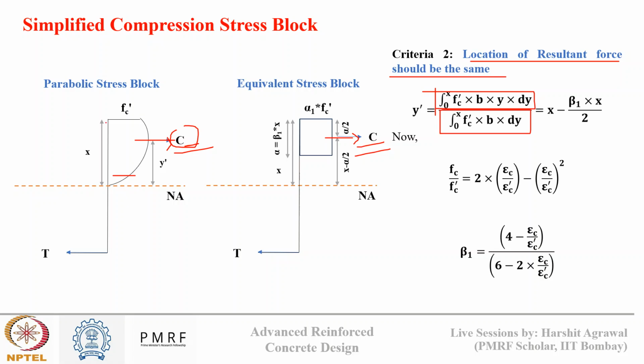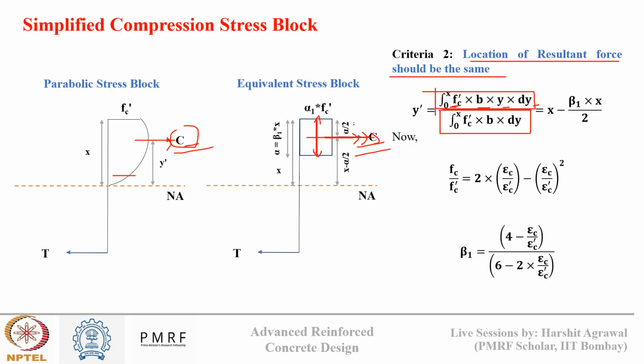It is nothing but the integral 0 to x of force times the distance. So this is fc dash into b into y dy. So this will give me the moment, and the integral of fc dash into b into dy will give me the force. And this is nothing but, what is the distance of this arrow from the neutral axis? It is acting at the middle of this block. Okay, so since this is a rectangular stress block, the net force will act at the middle.